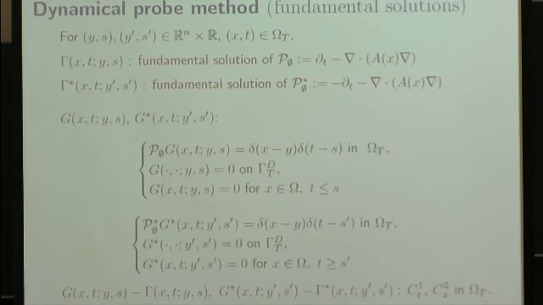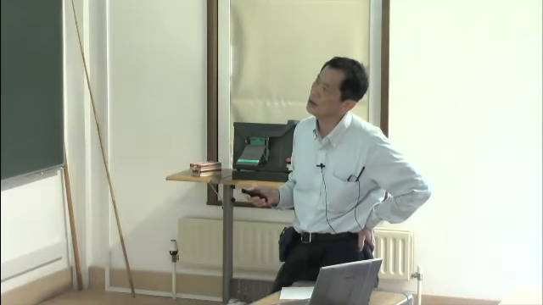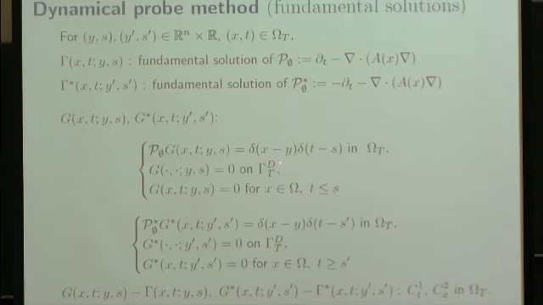The same holds for this Gamma star. And then we will adjust this Gamma and Gamma star a little bit to consider another G and G star, which satisfy some condition on gamma_T^D. Okay. I want to set this G and G star to be 0 on gamma_T^D. But this G and G star still have the same type of singularity at the singular points y and s.